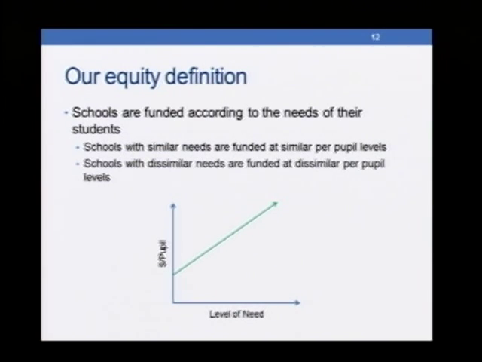And we control several factors of this chart. We control the rise and run of the line, so it could be flatter if we weighted the needs less than others. So we have a lot of control over how we define need and what the rise and run of the line is. But essentially, this is the type of thing we're trying to create.